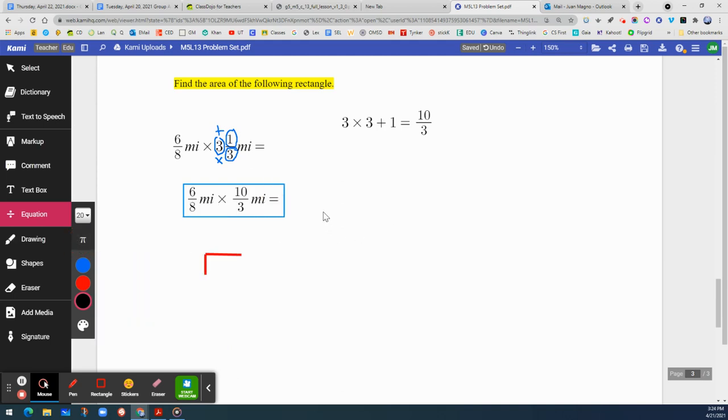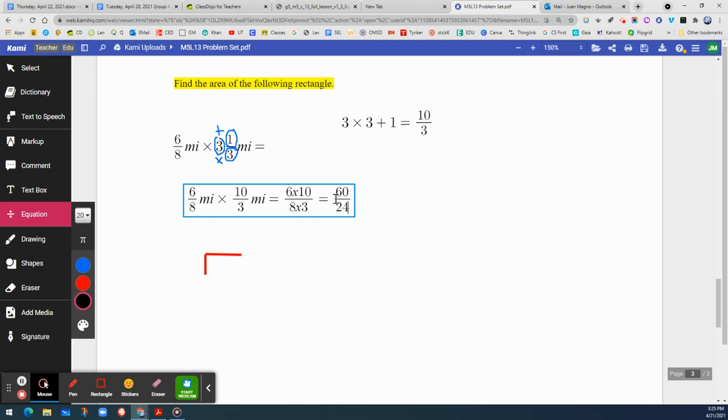So now let me show you what we're going to do. 6 times 10 and 8 times 3. So now we have to do the multiplications. The top is 6 times 10 equals 60, and 8 times 3 equals 24.